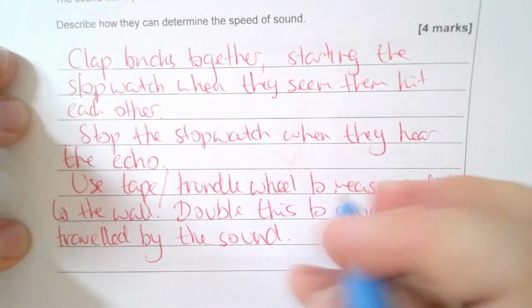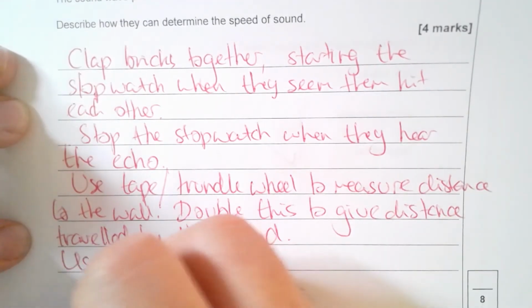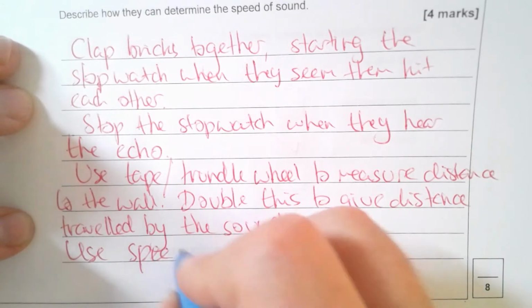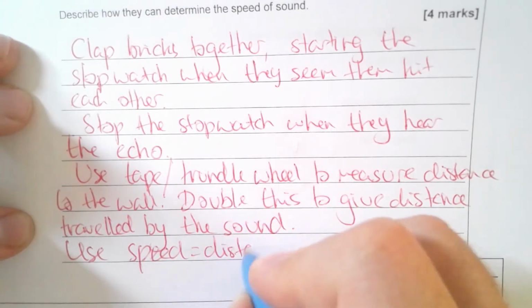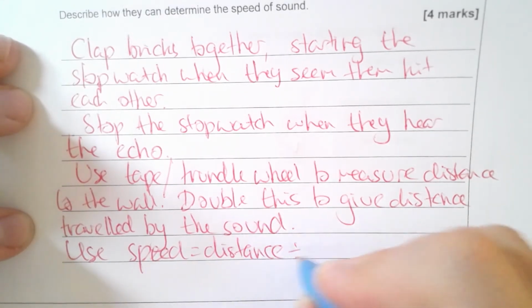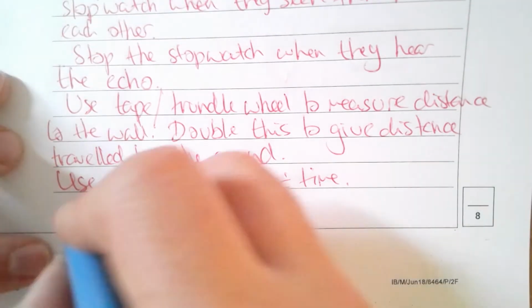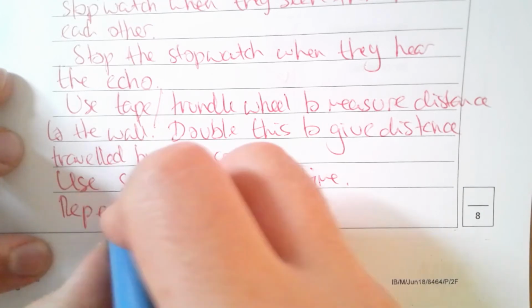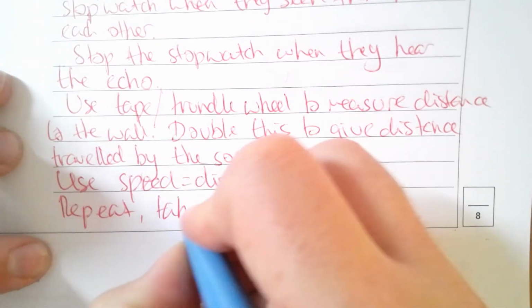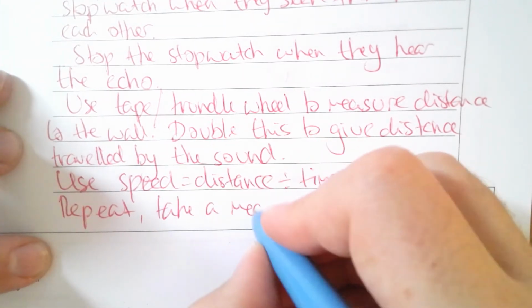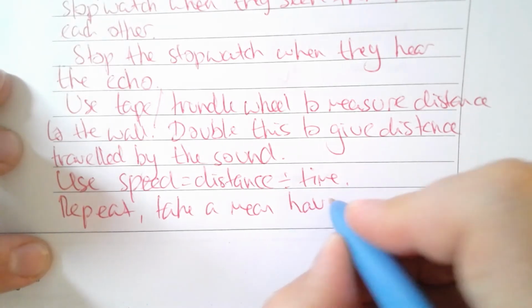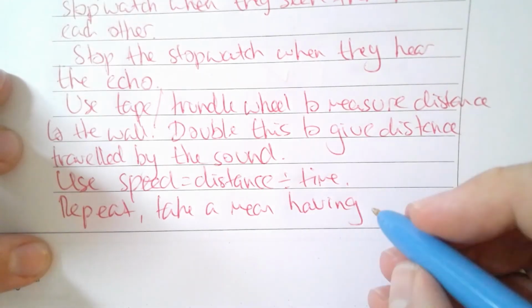You then use speed equals distance divided by time. That will give you the speed, and finally repeat it, take a mean, having discarded any anomalies.